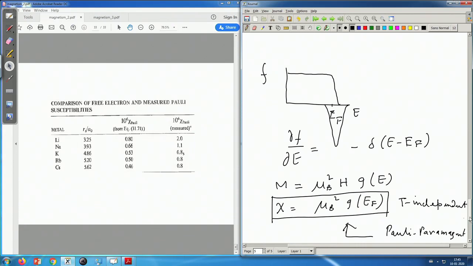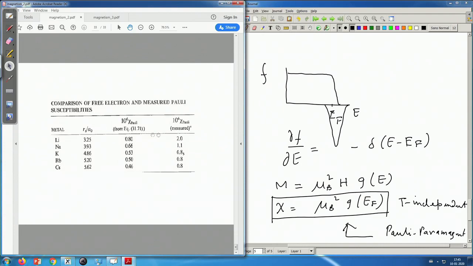One thing is, if you see the result here, the agreement between experiment and theory is not so good as we had it for Curie's law or for diamagnetic contributions.